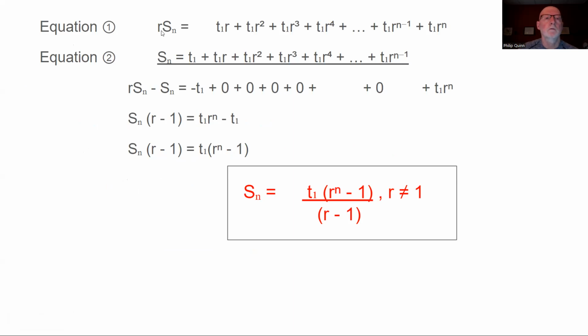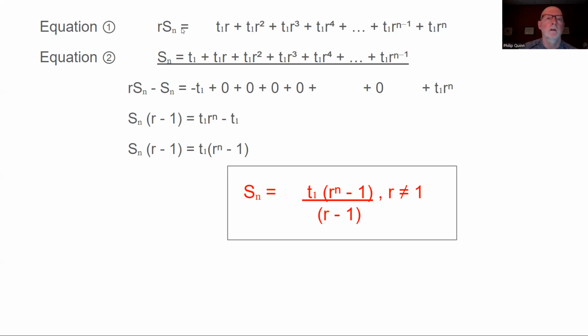So equation 1 we'll use as r times Sn, and there it is. And the other equation would be Sn. We line this up so that we can subtract all of these portions here. And by subtracting them, it would give us zeros. We'd zero it out.